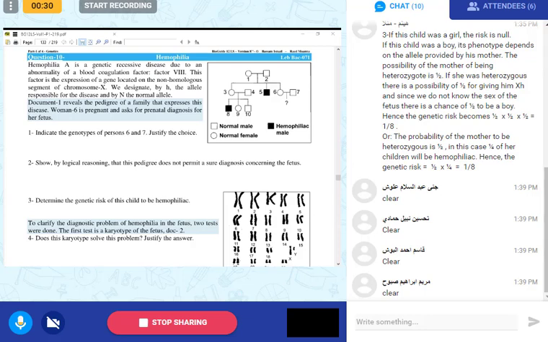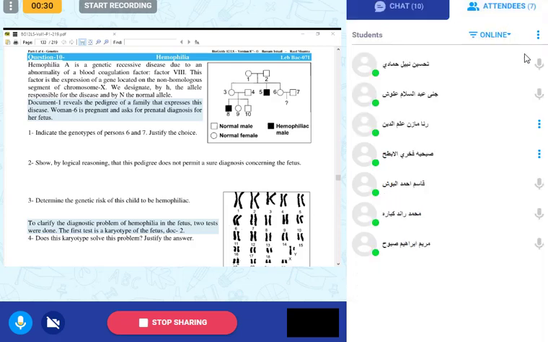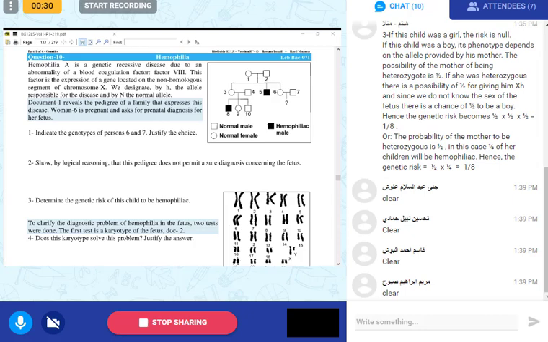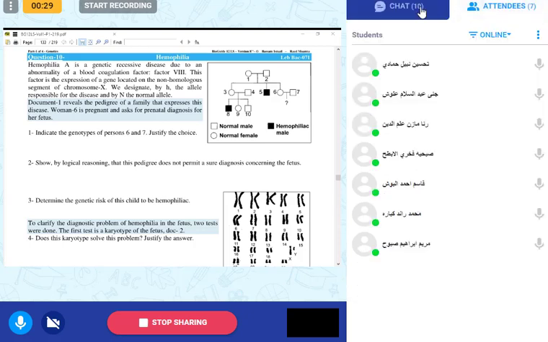And the chance for the fetus to be a boy is also 1 over 2. So for the 3 to happen together is 1 over 2 times 1 over 2 times 1 over 2, so it's 1 over 8. Okay. They are back. Sobhiya, do you understand this?